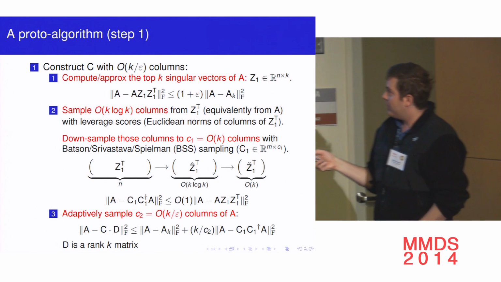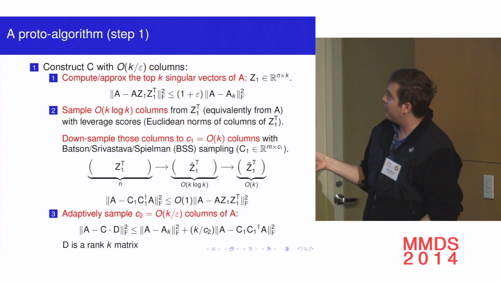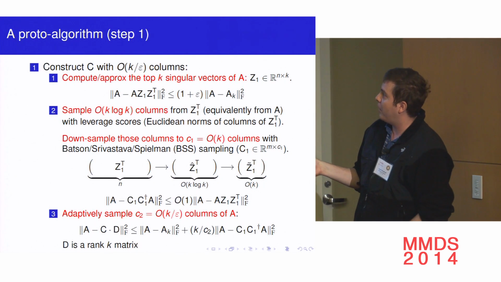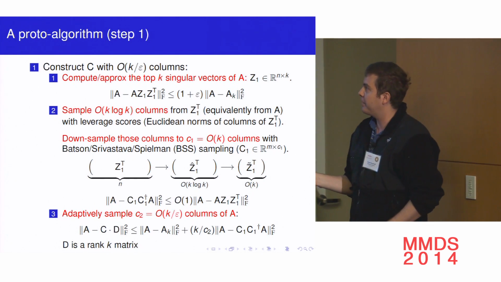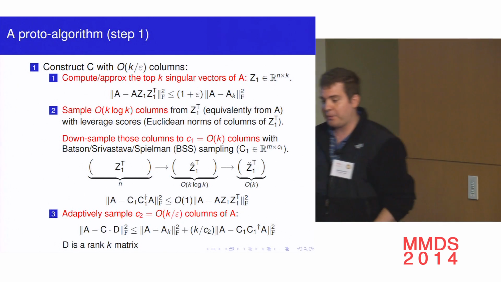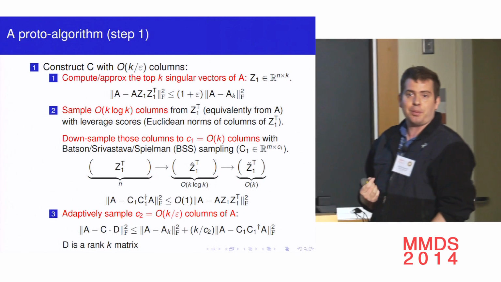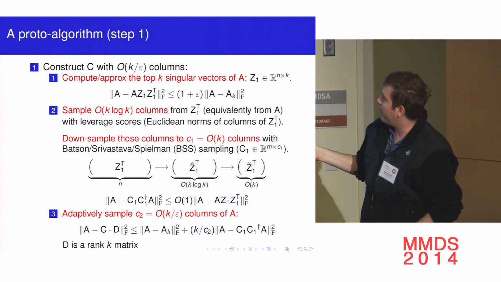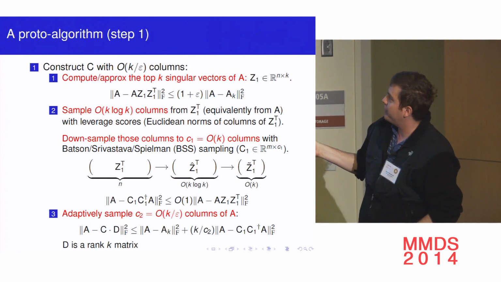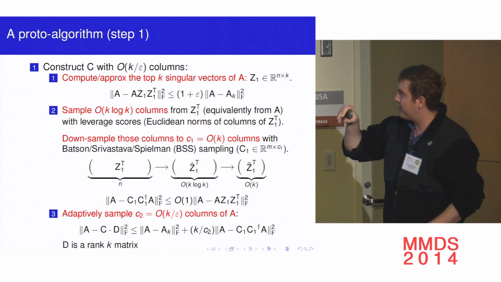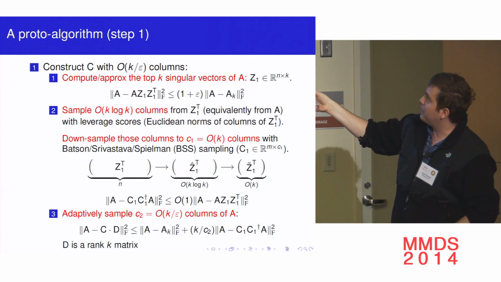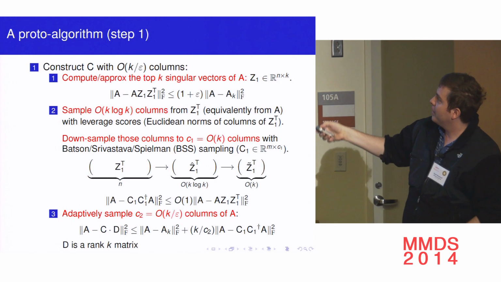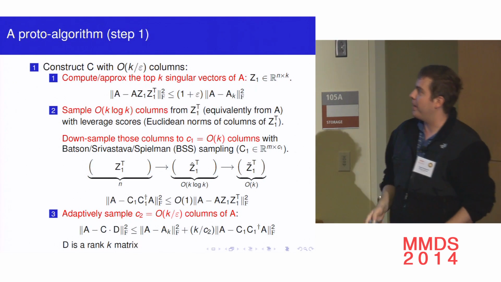So the important thing to note is that by doing this process, I get order k columns in C1 which have this guarantee. But what we actually want here is the 1 plus epsilon approximation. The term A minus the projection of the rows of A onto the row span of Z1 transpose is at most 1 plus epsilon times the opt, but we have a constant factor in front of that.